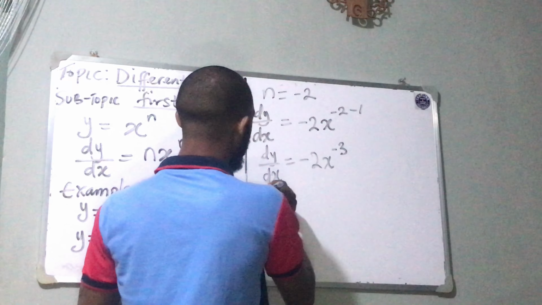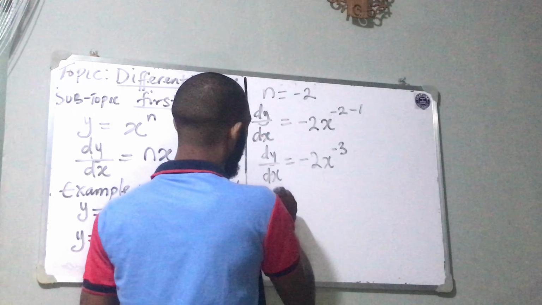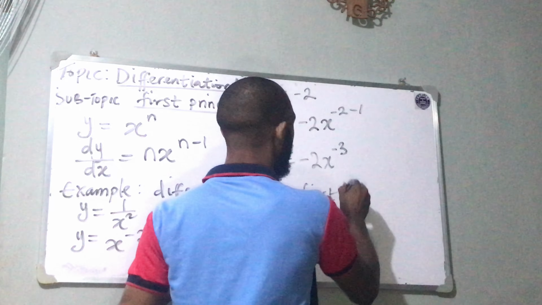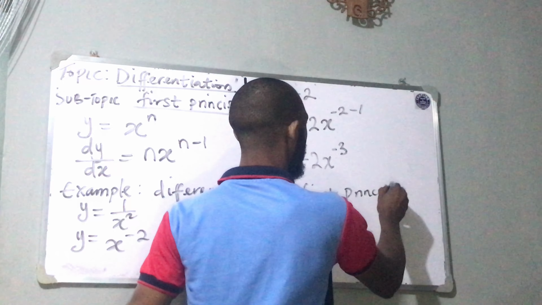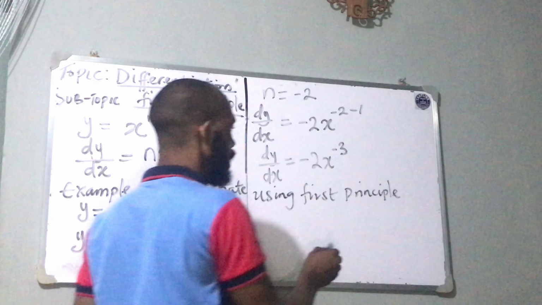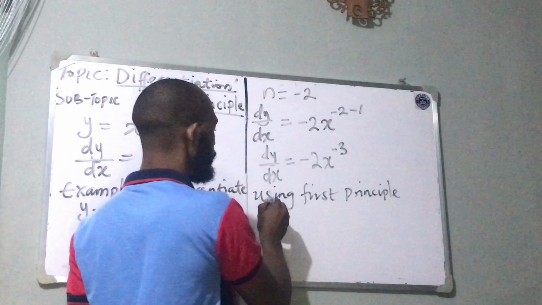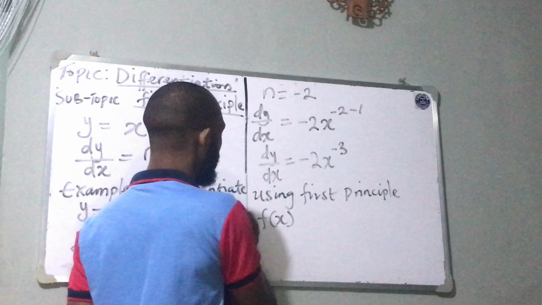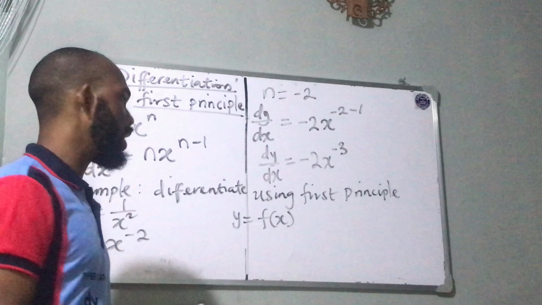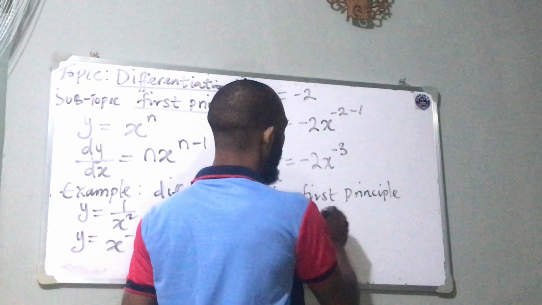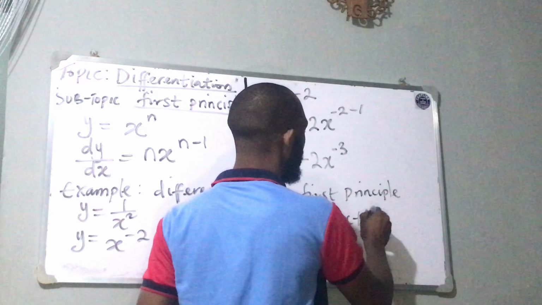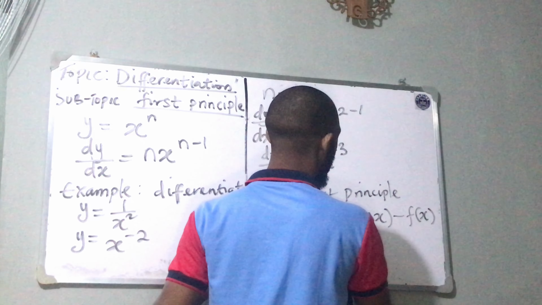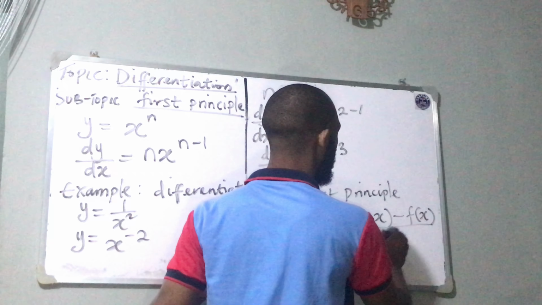Now, using first principle, I should have my function f of x, which is the same thing as y, equals f of x plus change in x minus f of x, over change in x.